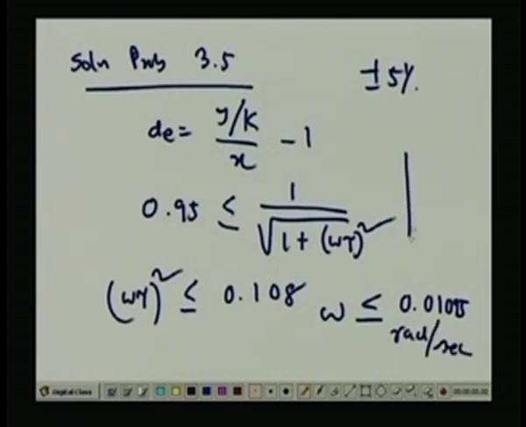I have not solved the intermediate steps, which you can do, but this is the principle for finding the value, and this is our answer. So if omega is less than that, it can handle a circular frequency of 0.01095 radians per second.